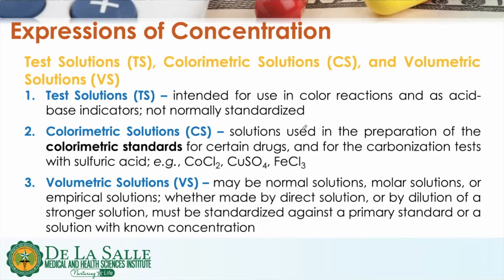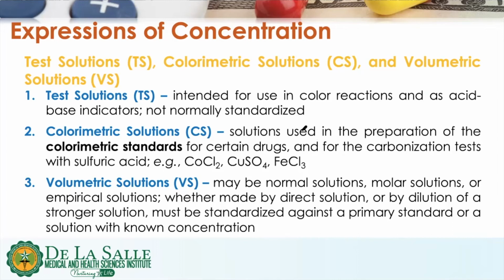Now, in your laboratory, you may have already encountered some of these terminologies or abbreviations. According to the United States Pharmacopoeia, some of the reagents used in pharmaceutical laboratories are the following. We have test solutions or TS, colorimetric solutions or CS, and volumetric solutions or VS. Test solutions are intended for use in color reactions and as acid base indicators.